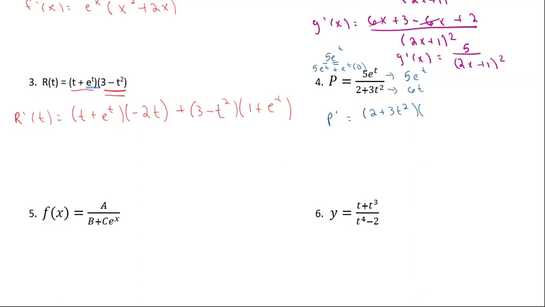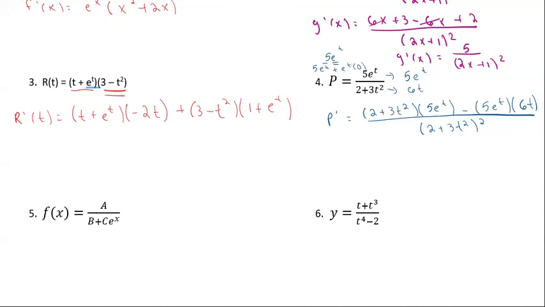We figured that out as 5e to the t. Bottom times the derivative of the top minus the top, which was originally 5e to the t, times the derivative of the bottom, which we figured out, that's 6t, all over the denominator squared. So 2 plus 3t squared, squared.